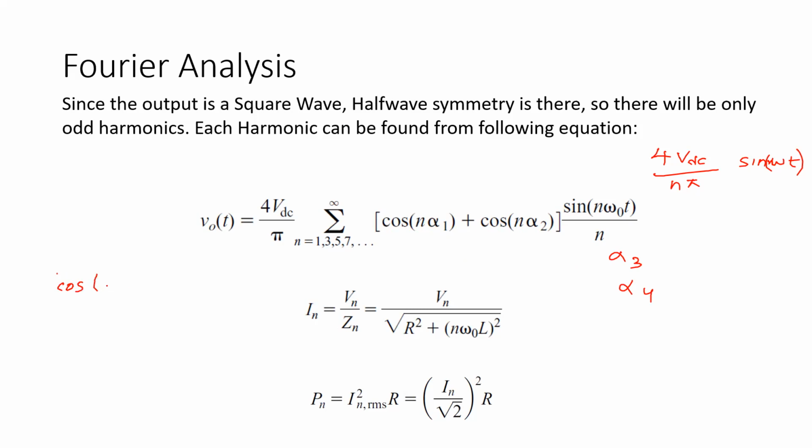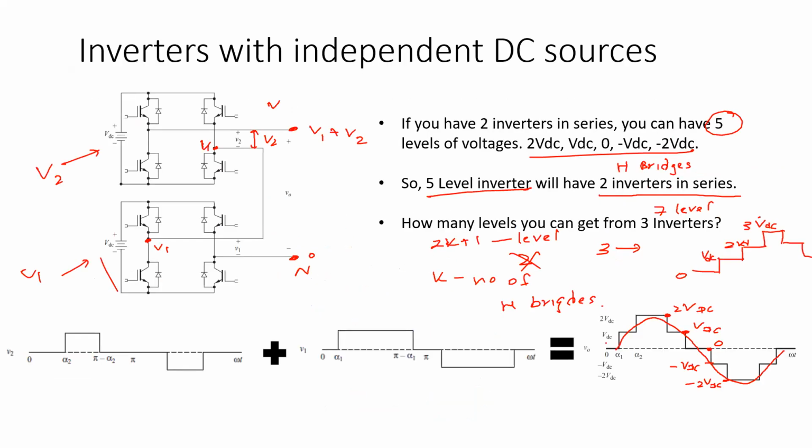For a 3-level inverter, it will be cos n alpha 1 plus cos n alpha 2 plus cos n alpha 3. That's how you can represent a multi-level inverter with 3 H bridges, because each H bridge has an alpha angle for triggering.